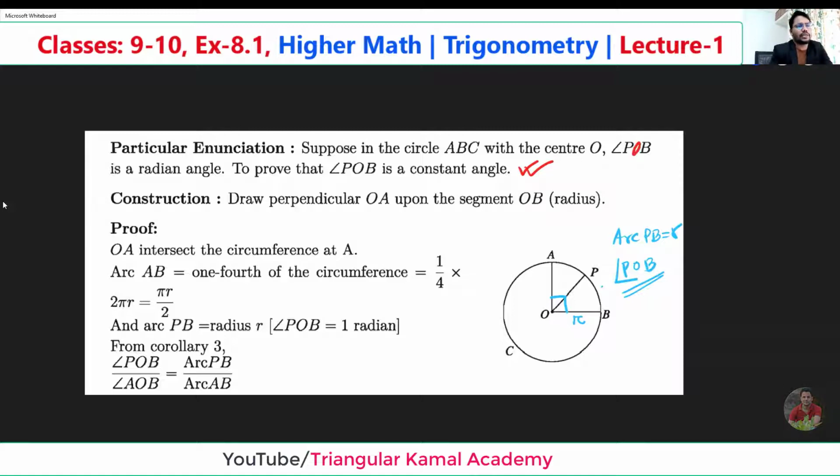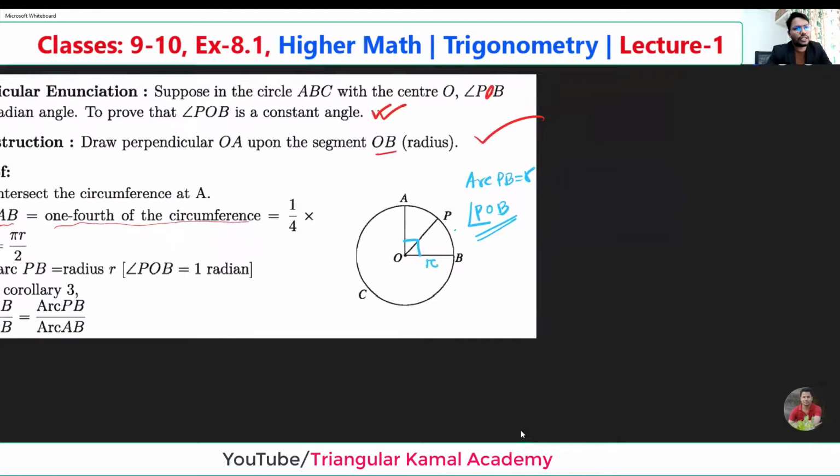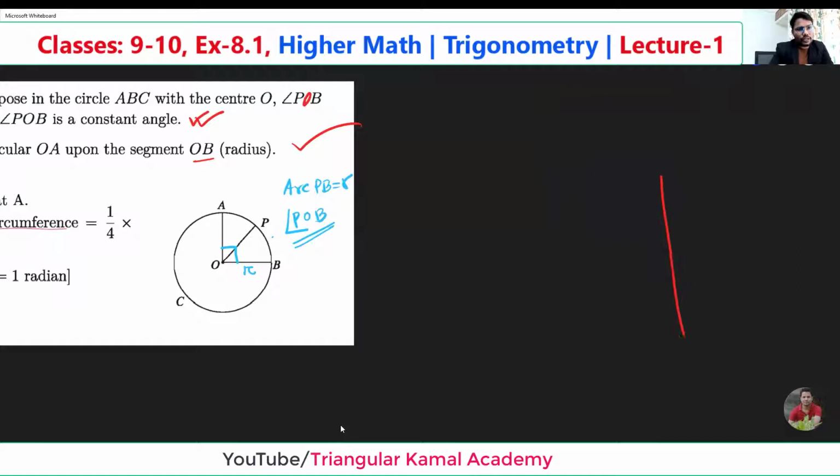Now, OA is perpendicular to the line segment OB, the radius. The first step: OA intersects the circumference at A. That means arc AB is one quarter of the circumference. It will be better to draw the figure again here. Now this circle is divided into 4 equal parts, each one is 1/4.